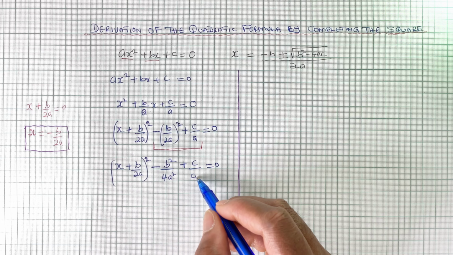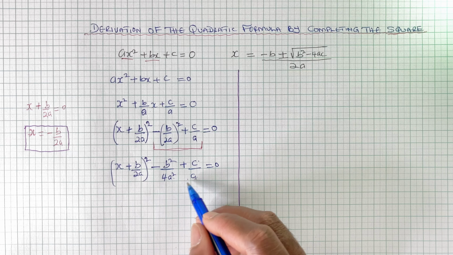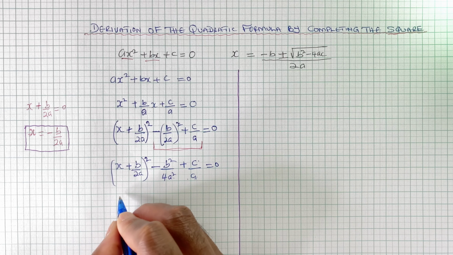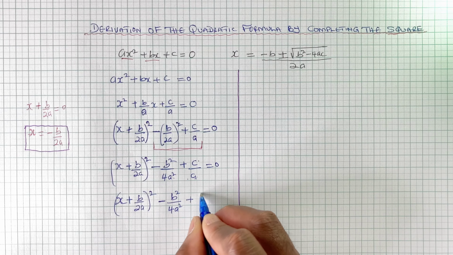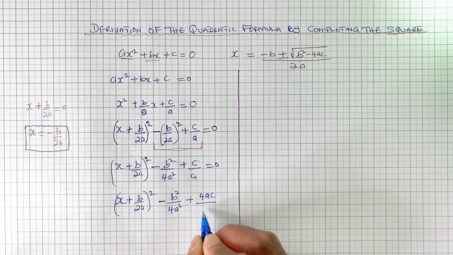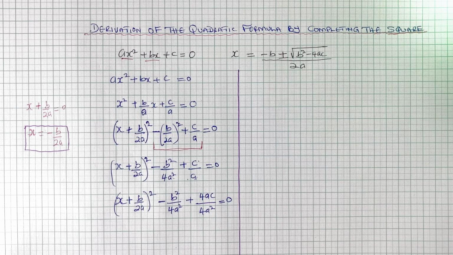I need to times this one by 4a, and I need to times that by 4a. 4a times a is 4a squared. So I will have x plus b over 2a squared minus b squared over 4a squared plus 4ac over 4a squared equal to 0.